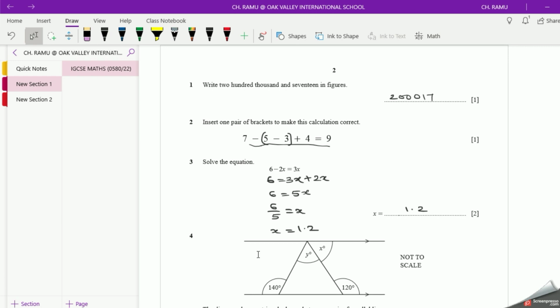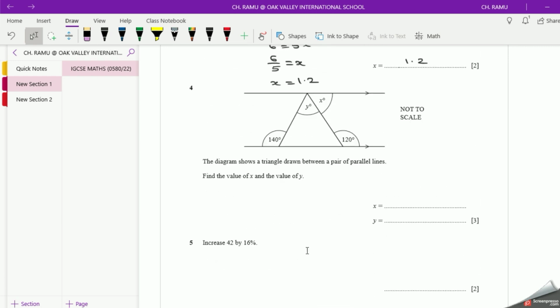Next, question number 4. The diagram shows a triangle drawn between a pair of parallel lines. These two are parallel lines, and these two angles are on the same side of the transversal.